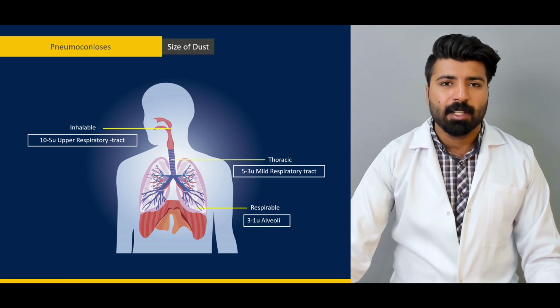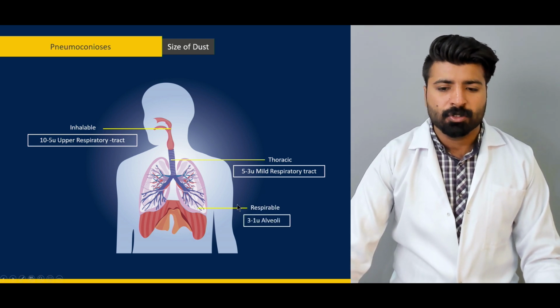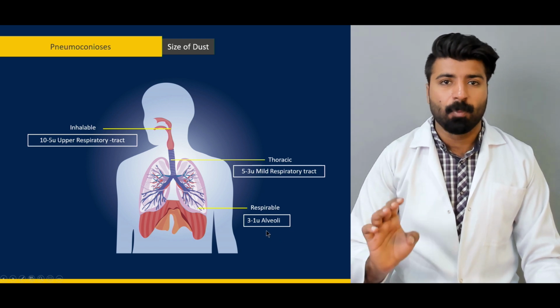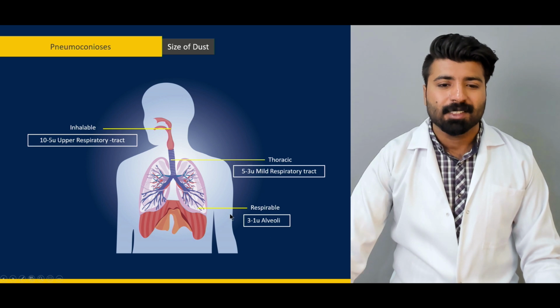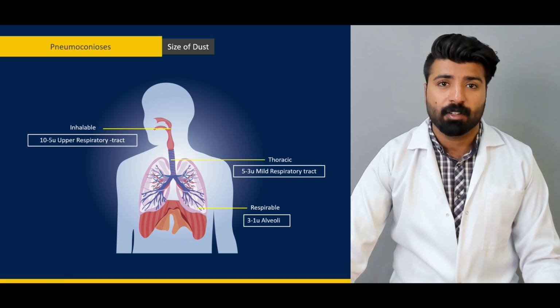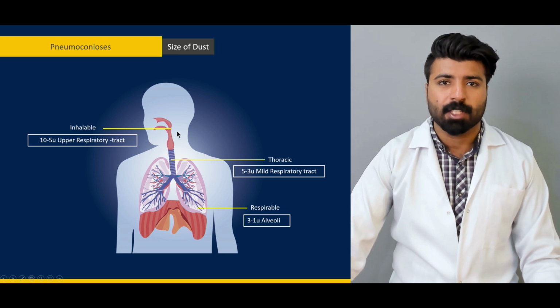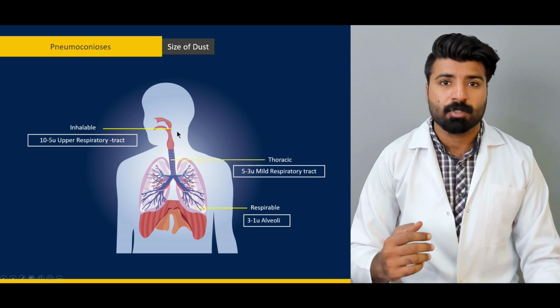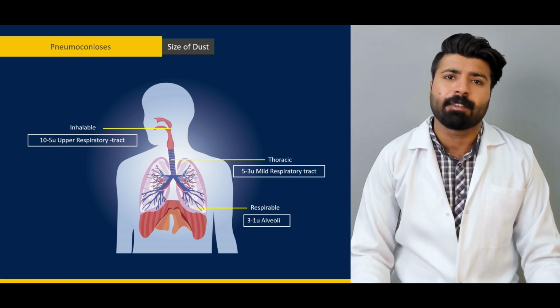But at the respirable area, the size goes down dramatically to 1 to 3 micrometers. The whole point of telling you all of this is that the size of the structure goes down and down up to the level of alveoli. So at the level of alveoli, the structure must be 1 to 3 micrometers. Any element that is more than 10 micrometers is not even going to get in.